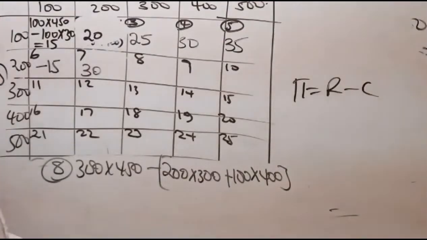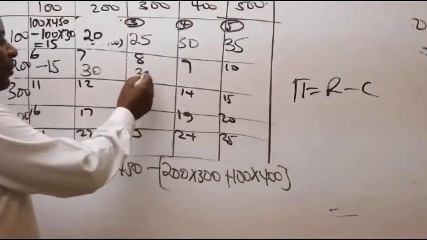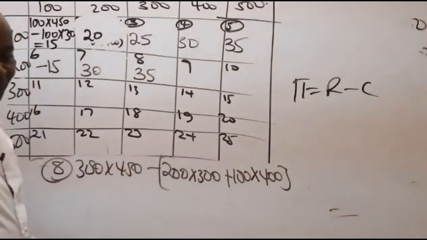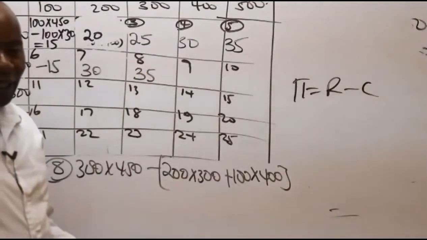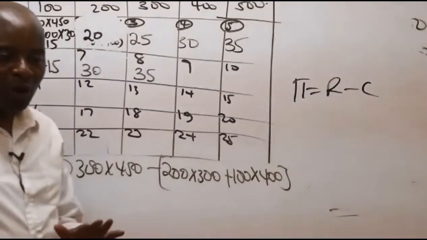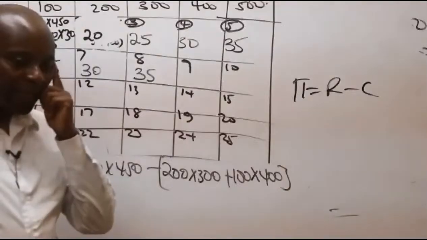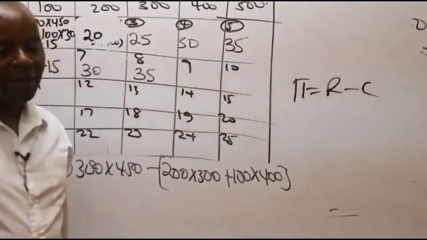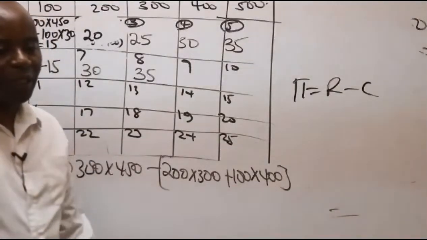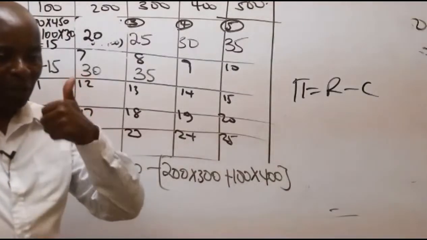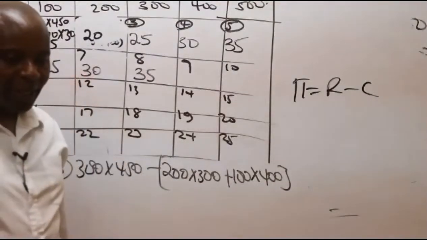So in this case, cell number 8 is 35. I don't know whether, Njeri, you have been able to follow, or at times we could be wrong. You could be right. Try to give us your argument. If you've understood, please tell us, I have understood.